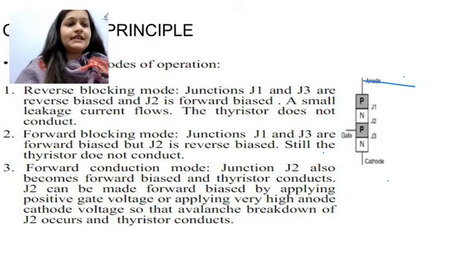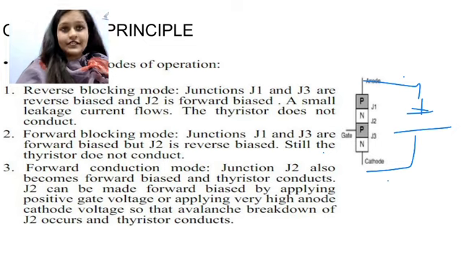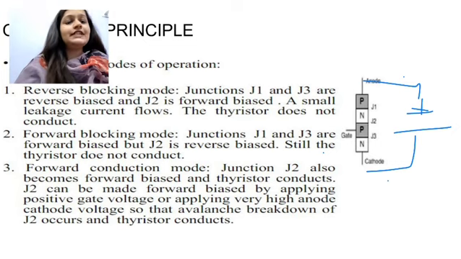For reverse biasing, as everyone knows, we connect the P side to negative and the N side to positive. By this, junction J1 will be reverse biased and junction J3 will also be reverse biased. But junction J2 will be forward biased, which makes a hurdle for current flow in reverse biasing. That condition is known as reverse blocking mode.